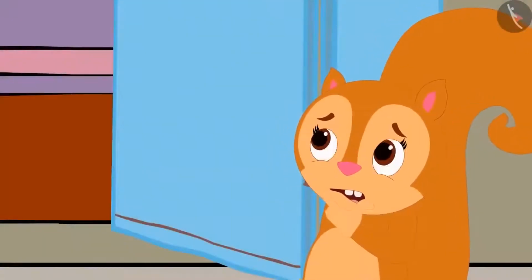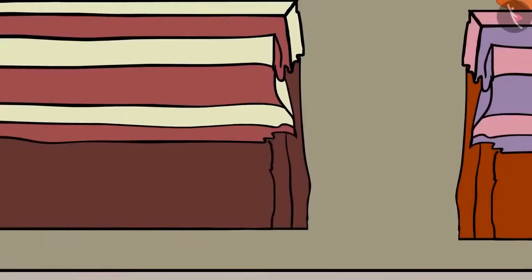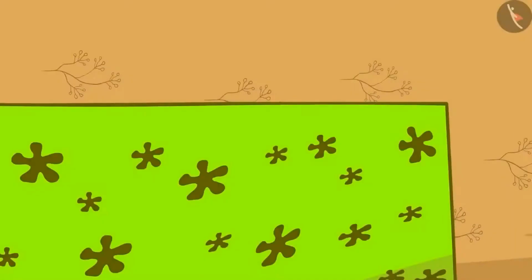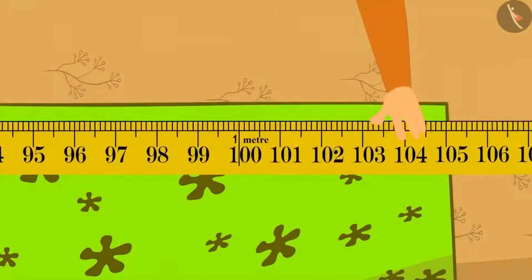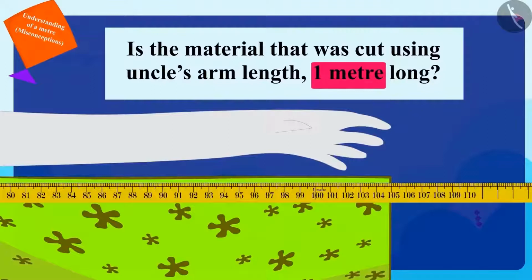Chanda was surprised. Chanda had got her measuring tape along. As soon as uncle cut Golu's material, she took that material from Golu and immediately measured it with her measuring tape. Children, is the material that was cut using uncle's arm length 1 meter long?